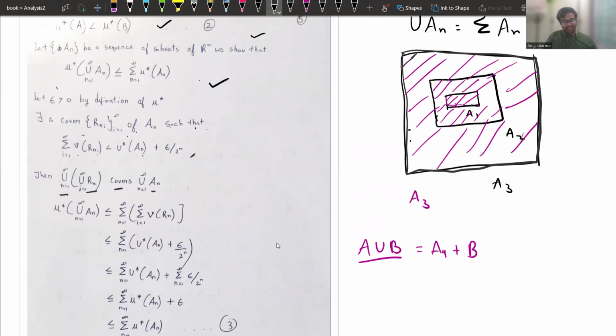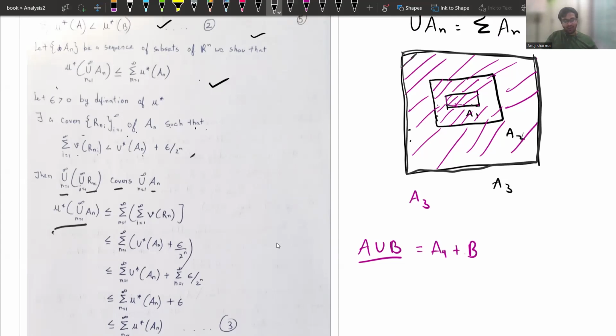And the measure of An, the largest rectangle, would be less than or equal to the summation of the volume of each cover, a cover covering each and every element, A1, A2, A3.